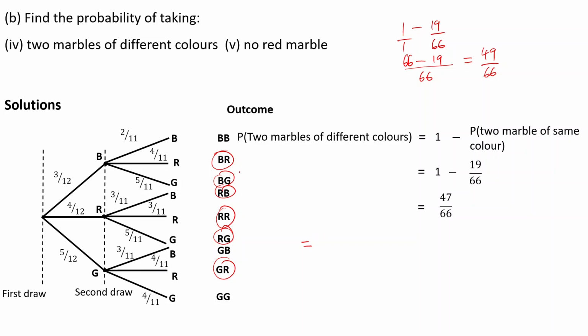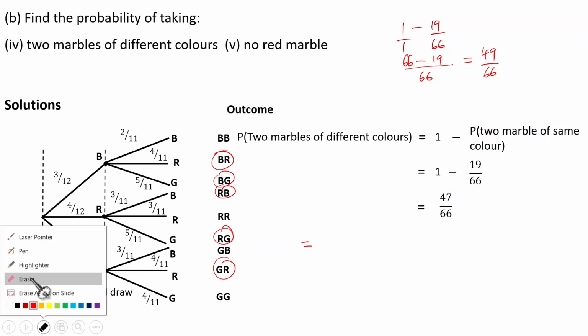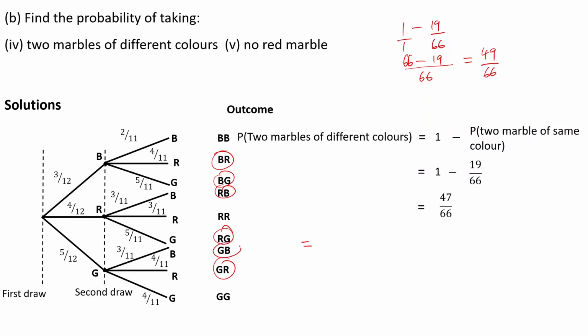You pick those of different colors. You leave out those of the same color. So you pick 1, 2, 3, 4, then also this one here, 5, 6. So there are 1, 2, 3, 4, 5, 6.